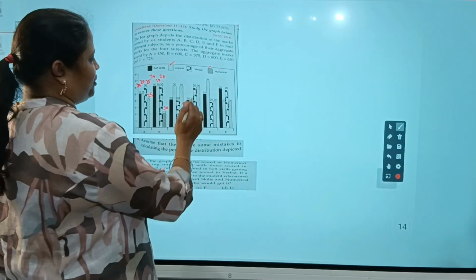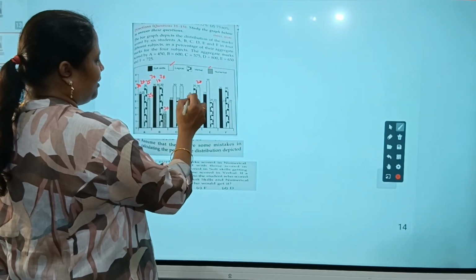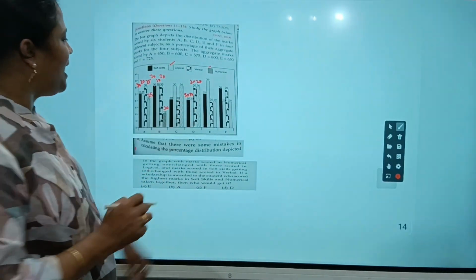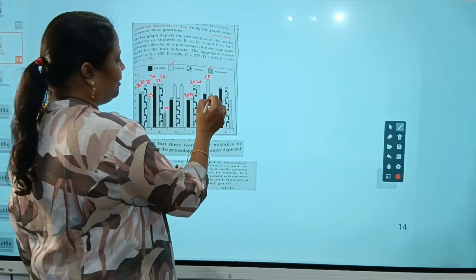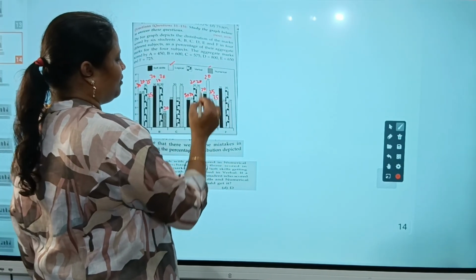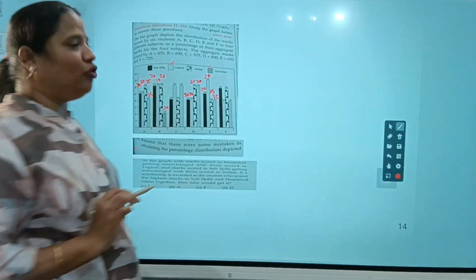And again here 30, 30 same, no change. 20, 20 no change. Now again here you have to change 20, 30 and 30, and here it is 20. Now again it is 20, 35. 20, 25. Here again 20, 20 is same, 30, 30 is same, no problem.